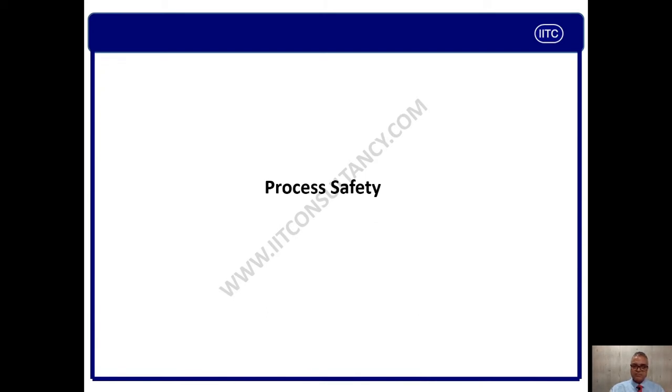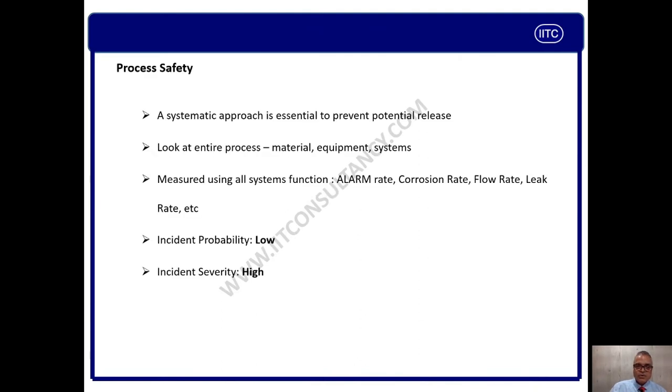Guys, as you know, the definition of process safety, as per the name, is the safety of the process. Primarily, it means LOPC, loss of primary containment. Process safety is a systematic approach to prevent potential release or LOPC, loss of primary containment.